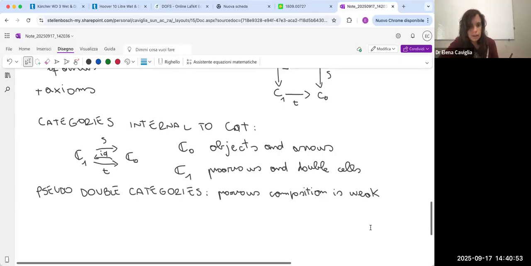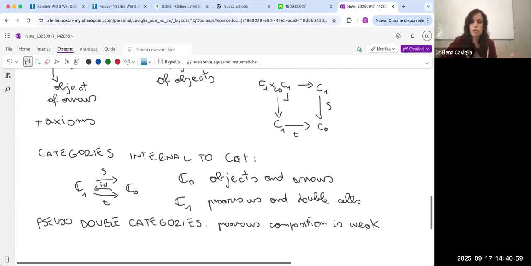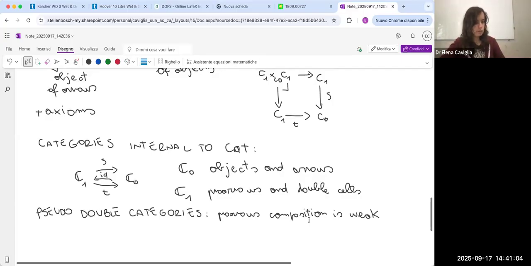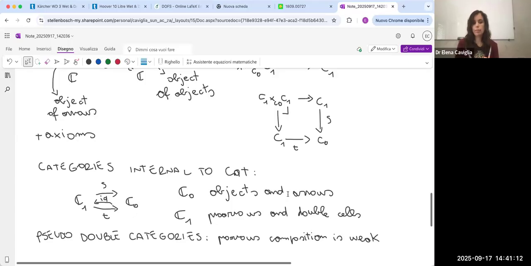All right. But now you might wonder, how are these double categories useful? What are examples of double categories? And so we should see some interesting examples of double categories. As you have seen, the idea of double category is that you have two different kinds of morphisms, arrows and pro-arrows, and they interact with each other.